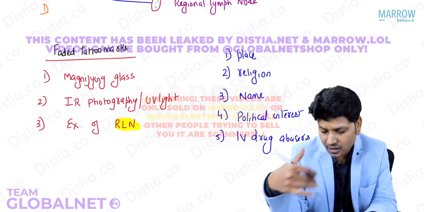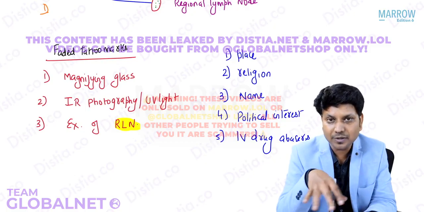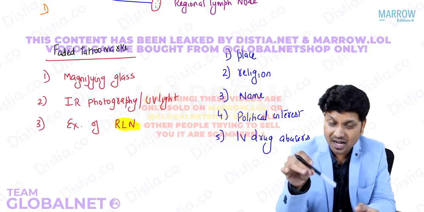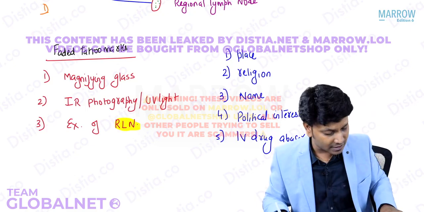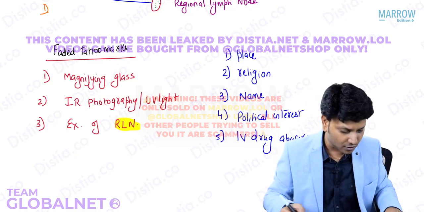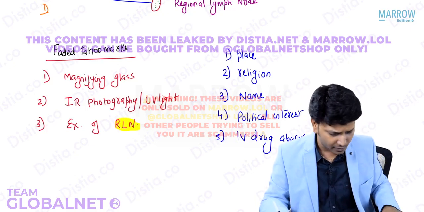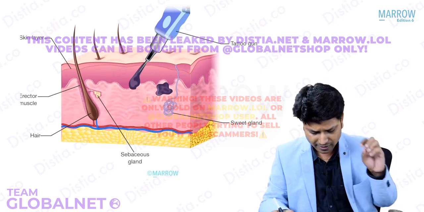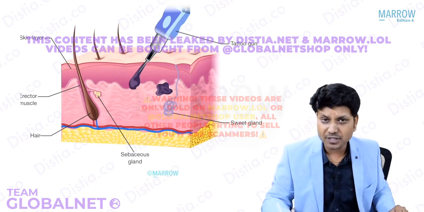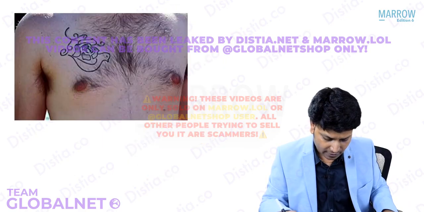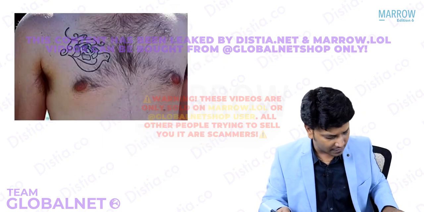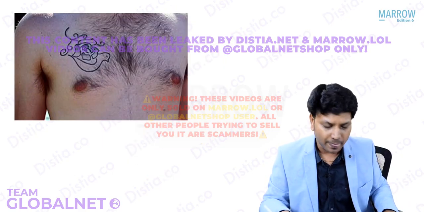So all these things you can see based on the tattoo marks. This is basically the injection of pigment or dye into the skin, and you have multiple designs produced by tattoo marks.